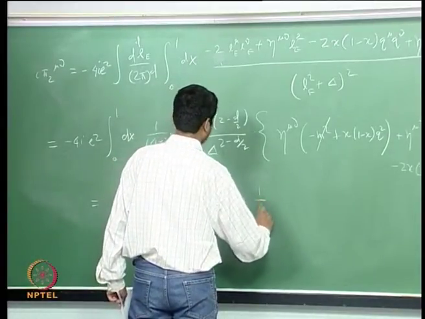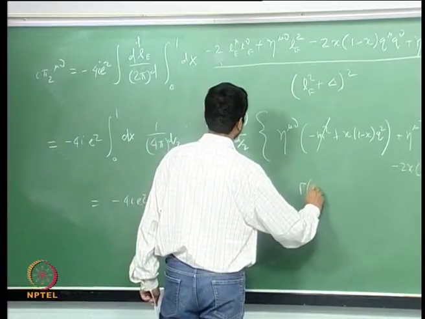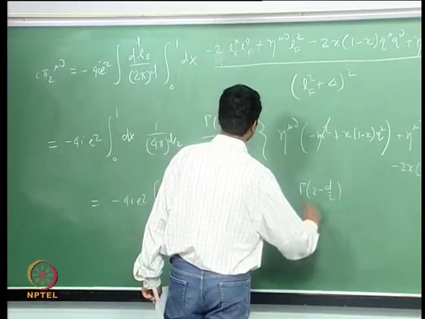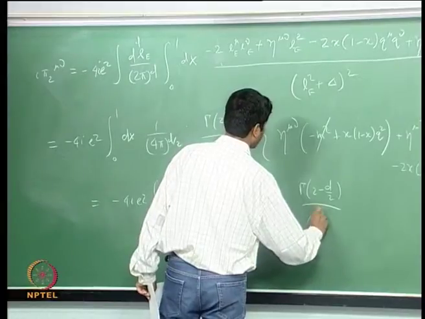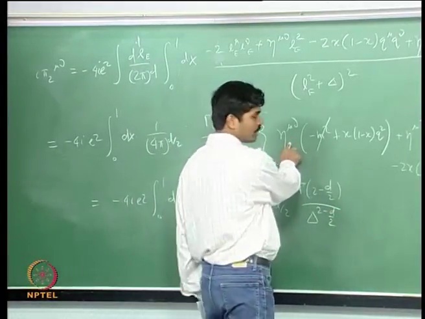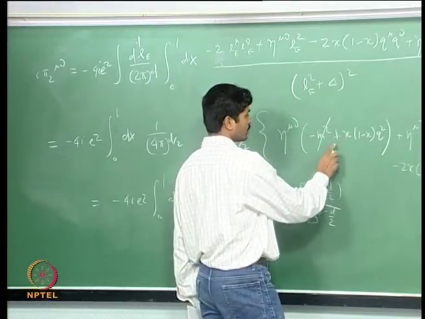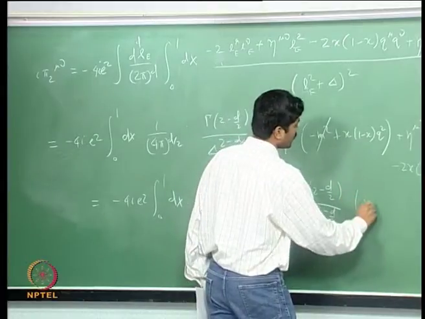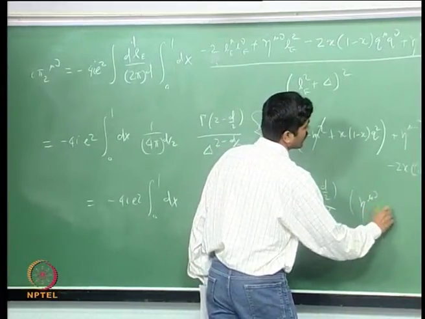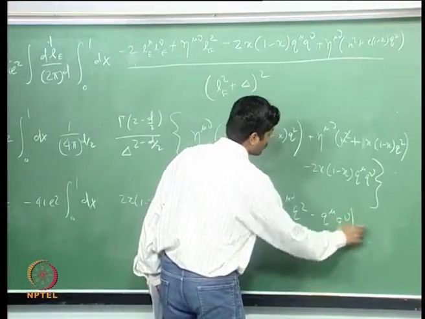1 over 4 pi to the power d by 2 gamma of 2 minus d by 2 divided by delta to the power 2 minus d by 2, and here you have eta mu nu times minus q square, sorry, here you have eta mu nu times q square, and there is a minus q mu q nu.